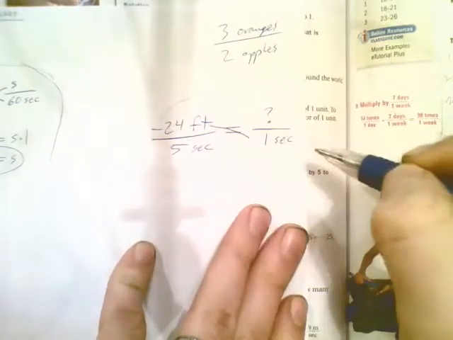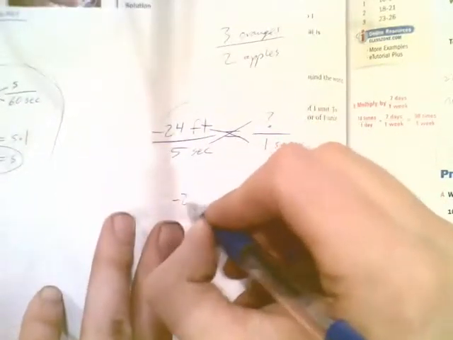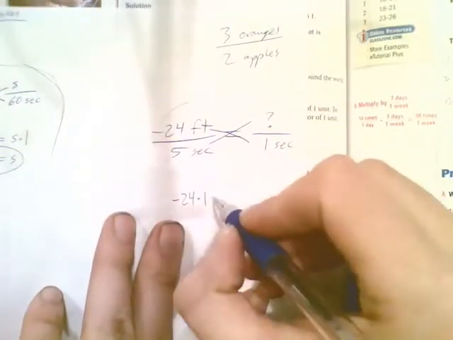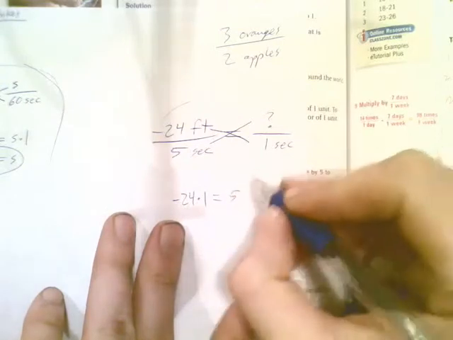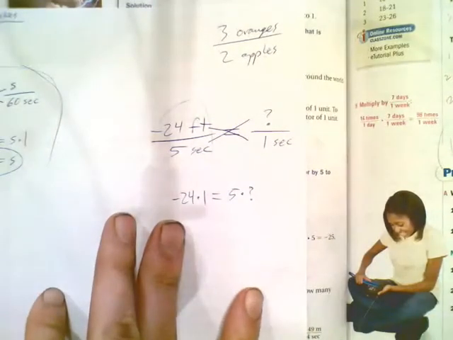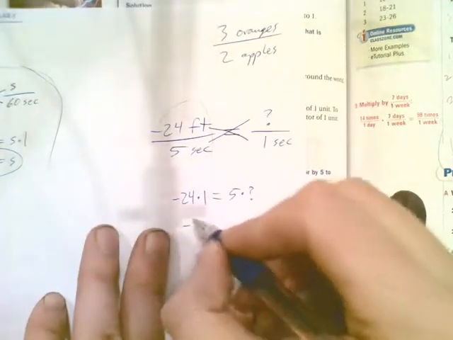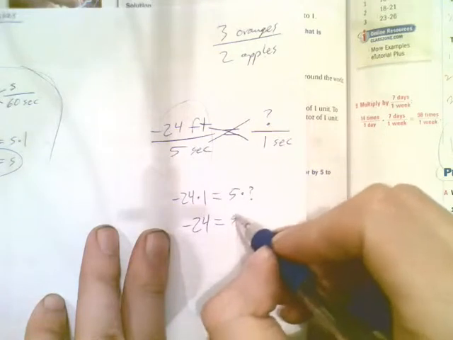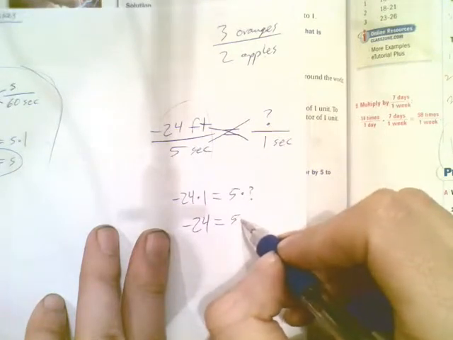Negative 24 times 1 is the same as 5 times something. I just use a question mark there instead of a variable. Negative 24 times 1 is negative 24. 5 times, what are we talking about here? 5 seconds.